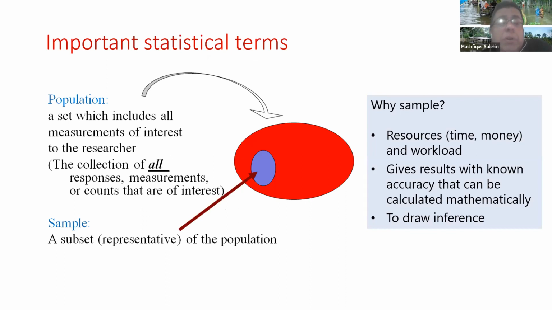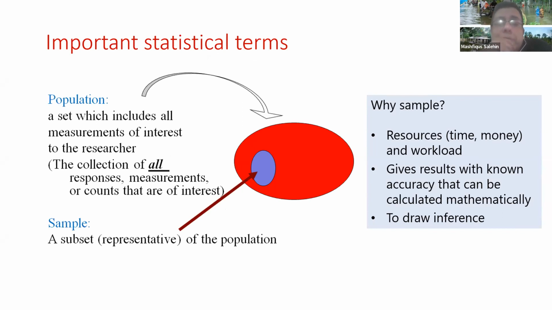So we need to learn a few important statistical terms like population. A population is basically a set which includes all measurements of interest to a researcher.